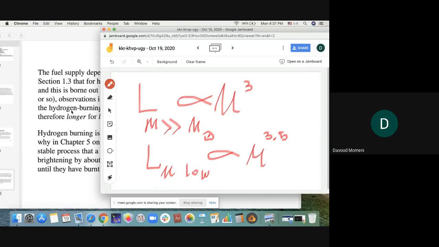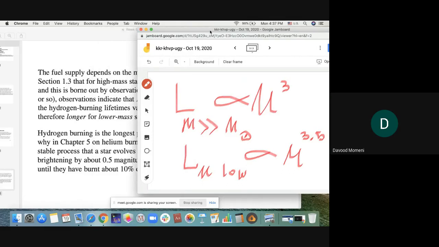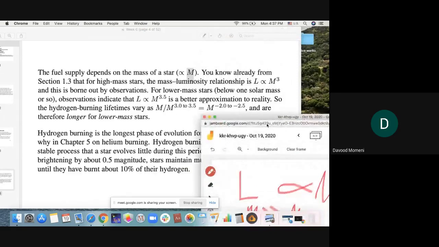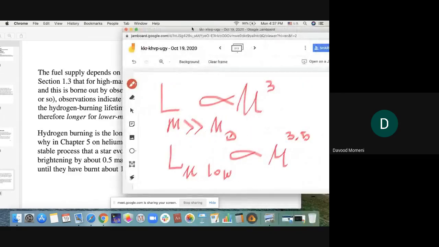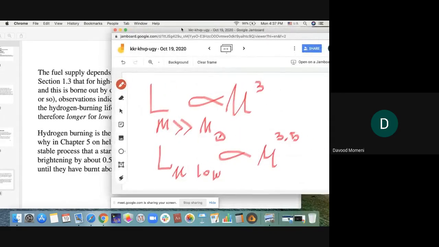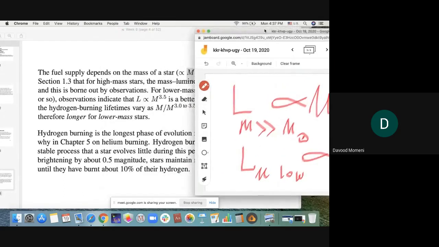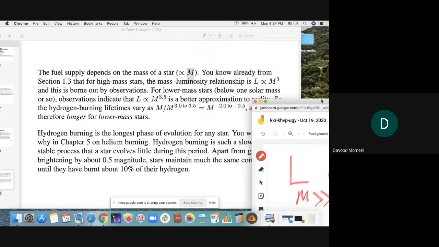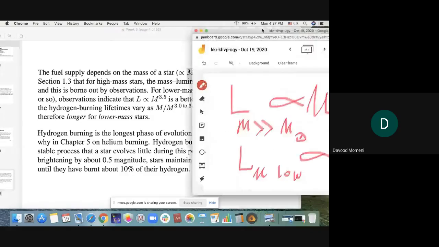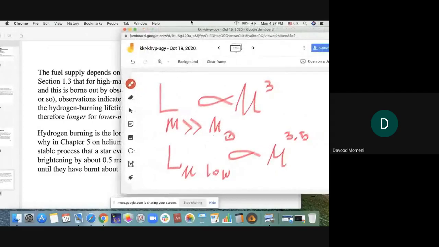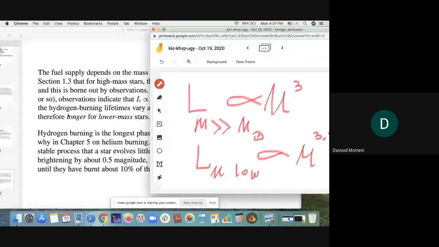So if the star is more massive, it spends energy with this proportionality of m cubed, and for lower mass it gives the luminosity with a proportionality of m to the power 3.5.